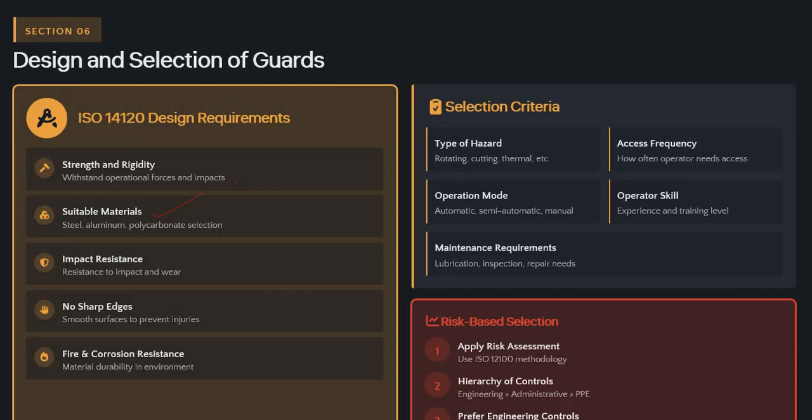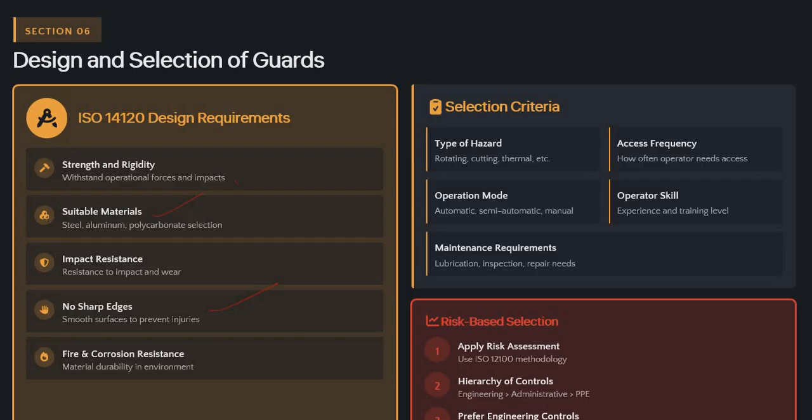Resistance to impact and wear, and no sharp edges. We should not create any other hazard, so we consider no sharp edges for the guarding. Also fire and corrosion resistance, and material durability in the environment. In a harsh environment, it should withstand that.